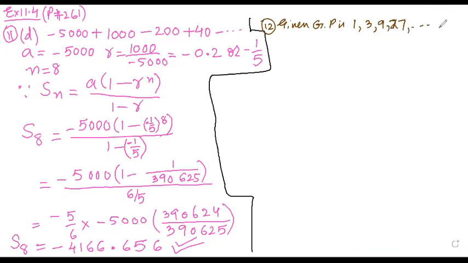We have to find n, the number of terms for which Sn, the sum to n terms, is greater than 2000.